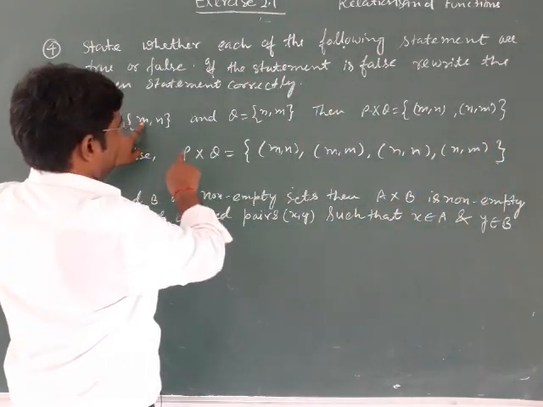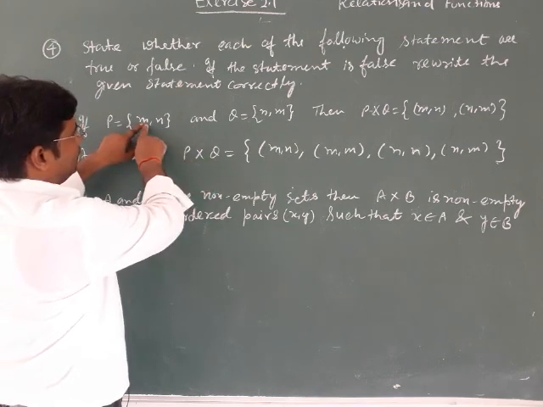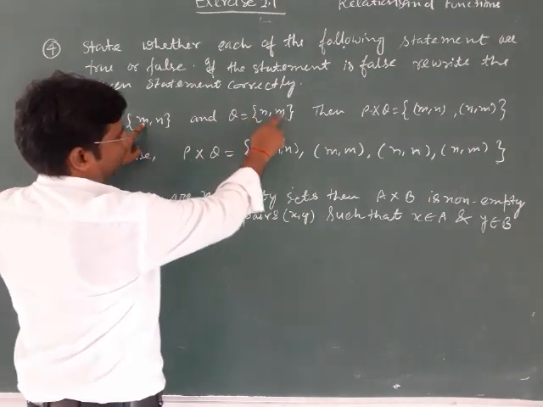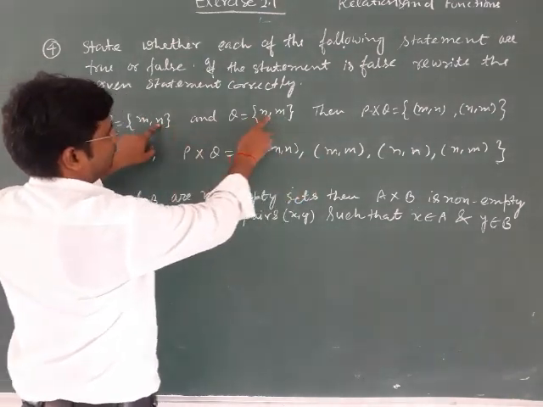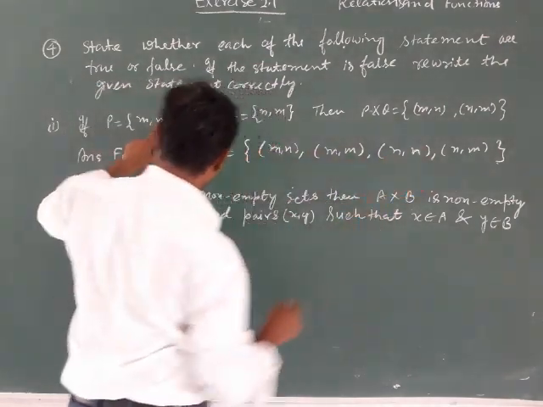So the ordered pairs of P cross Q are (m, n), (m, m), and (n, m).